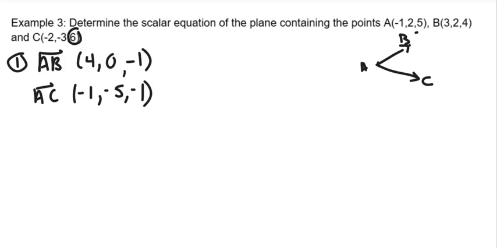Now I am going to find the cross product of these two vectors. So 4, 0, -1, 4, 0, -1, -1, -5, -1. I'm sorry, this last one is a positive one.